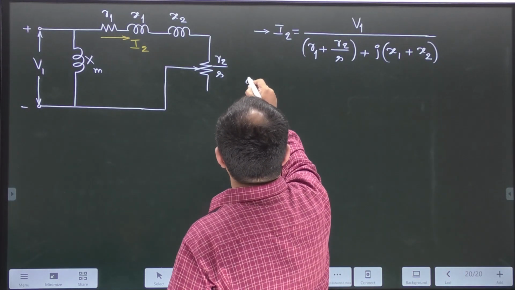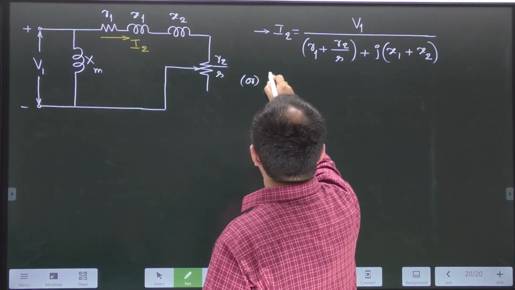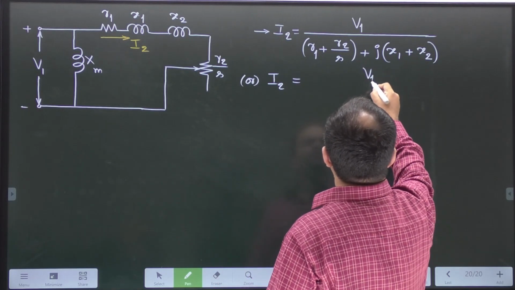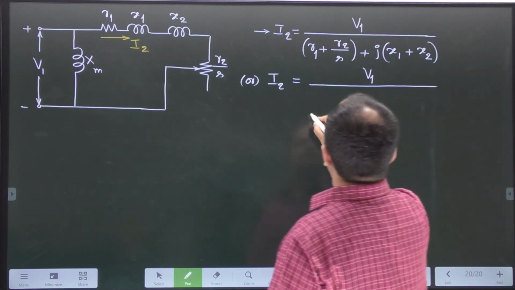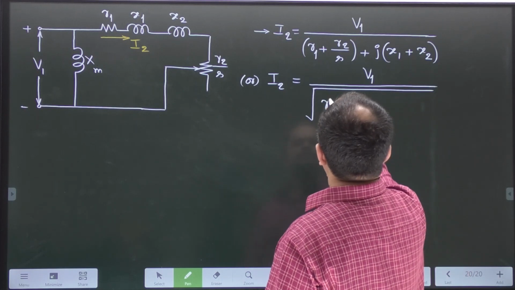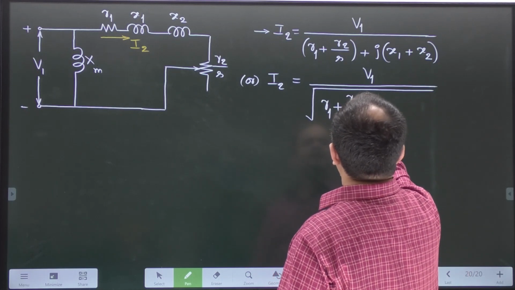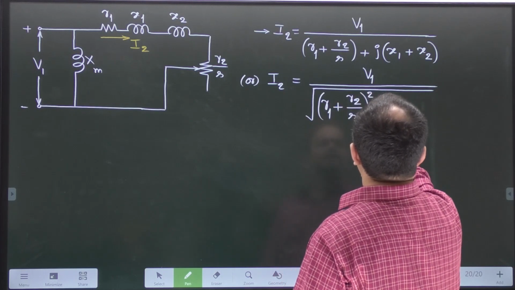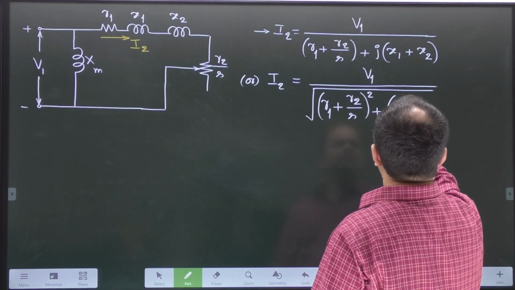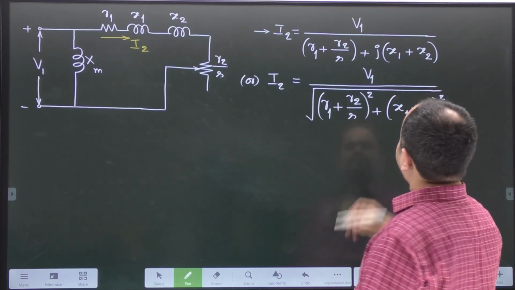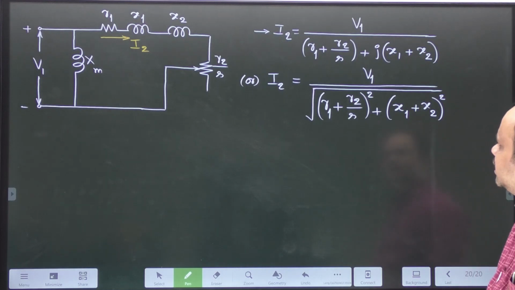And from the magnitude part, I2 magnitude, you can write it like this. V1 divided by square root of (R1 plus R2 by S) whole square plus (X1 plus X2) whole square. This is the equation for rotor current.